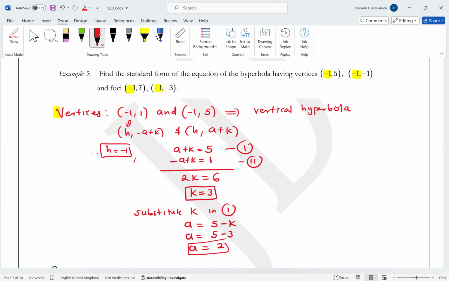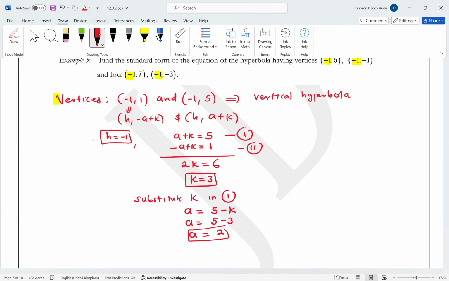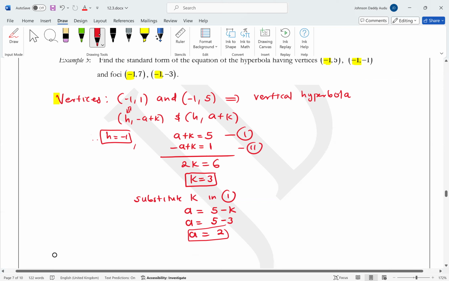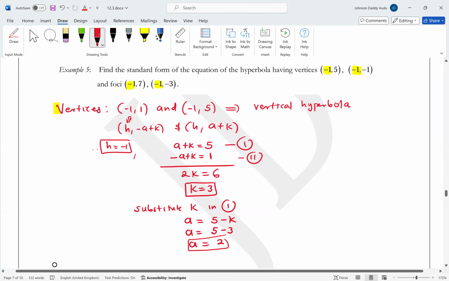Right? Now, what is k here? Let's see. What do we have here? A plus k is equal to 5. What are the vertices?